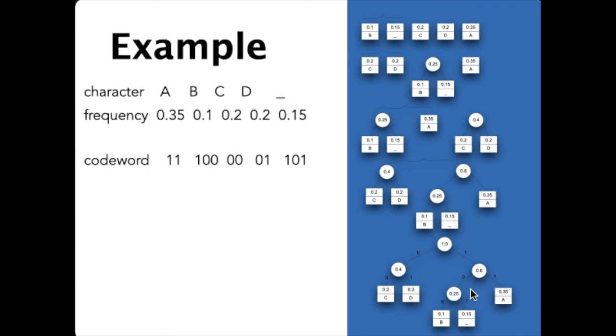So as you can see, the character symbols that are more frequent, sila yung mga nasa mas mataas na level ng tree, and with representation na lesser yung number of bits na nagamit. But for less frequent symbols like B and the space, medyo mas nasa mababang part sila ng tree.